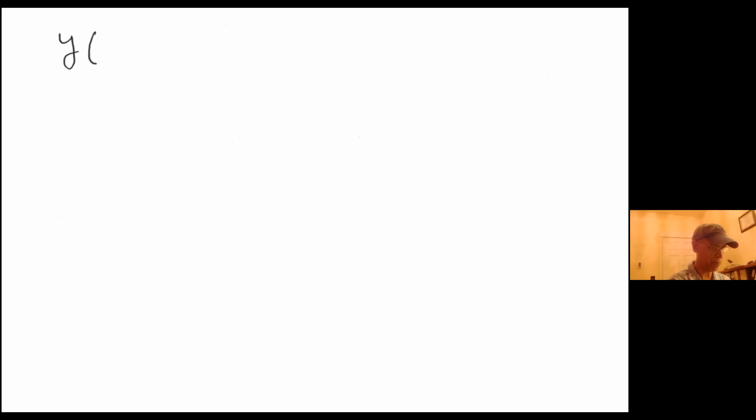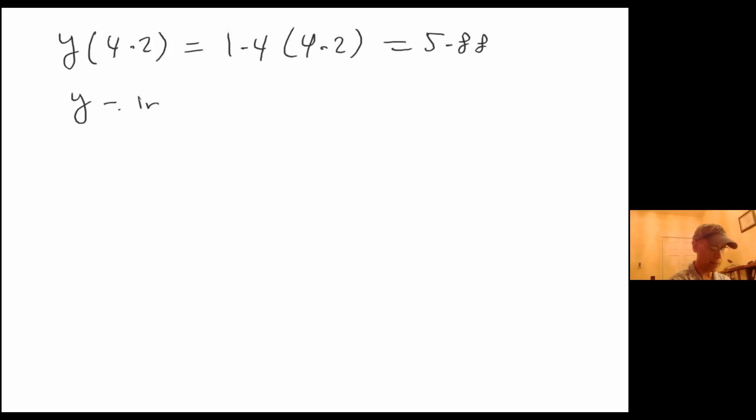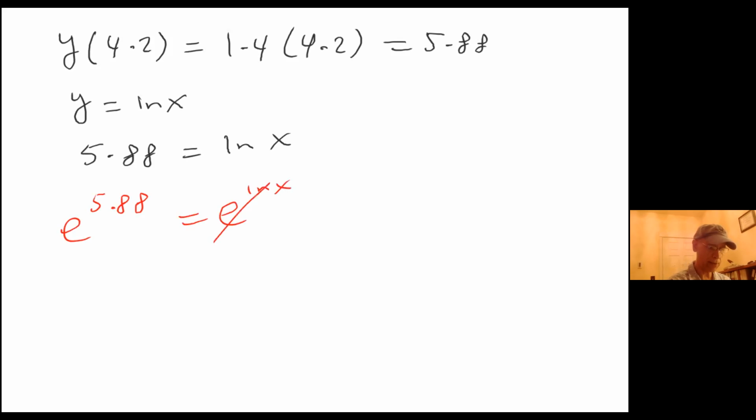So y of 4.2 equals 1.4 times 4.2 equals 5.88. And we also know that y equals natural log of x. So 5.88 equals natural log of x. Now if I take e to the 5.88 equals e to the natural log of x, so I have x equals e to the 5.88.